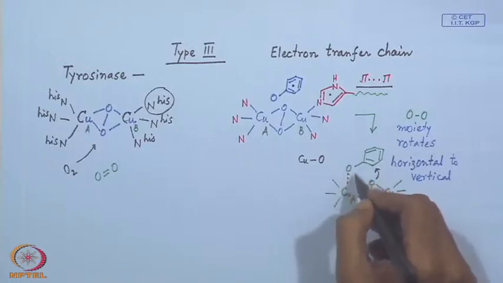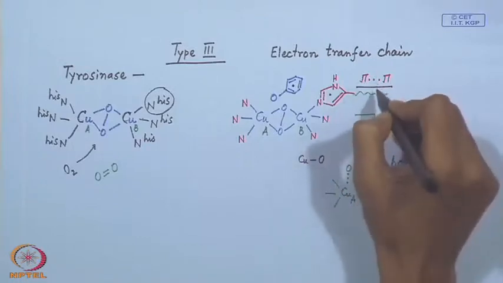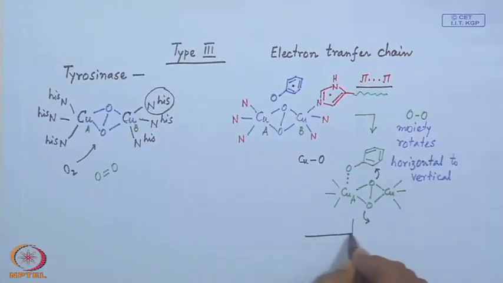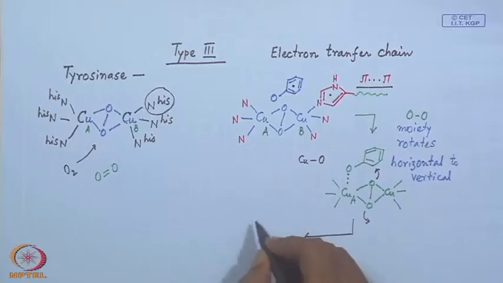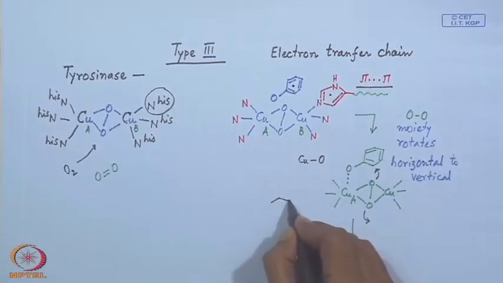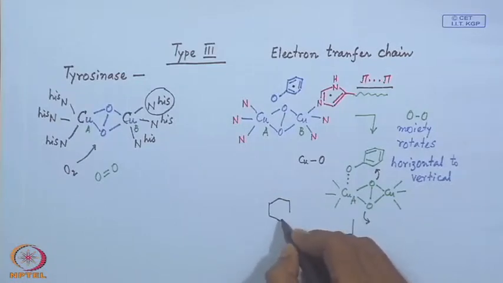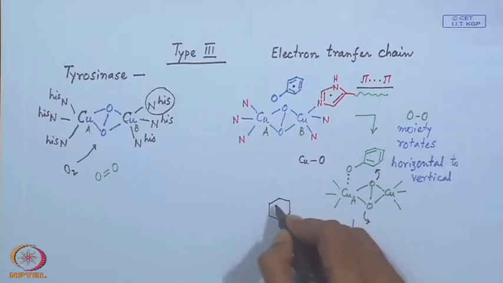So this is also a weak interaction like that of your pi interaction. So this movement basically brings this particular moiety, that means this phenol group, to a suitable position such that your oxygen will be attached to that ring.